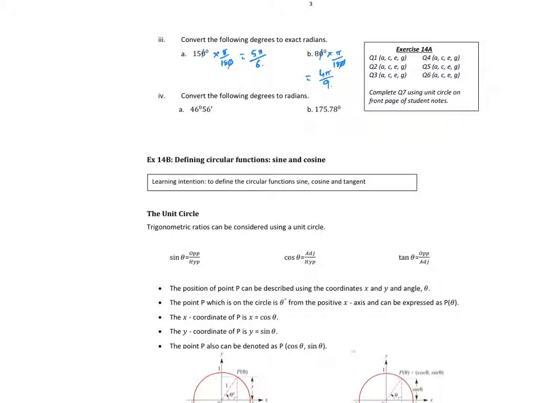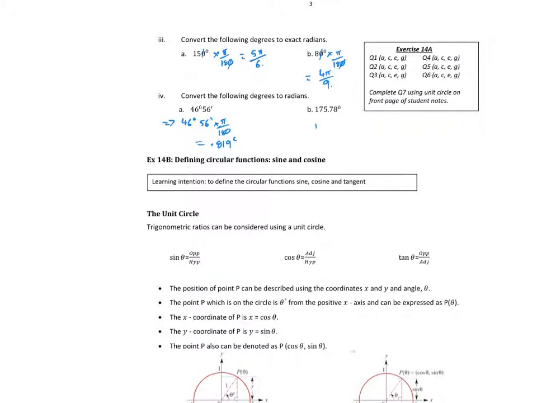If I want to convert these degrees and minutes into radians, I'm going to have to use my CAS for that. So type it into your calculator, 46 degrees, 56 minutes. Basically, if you go using your CAS, times by pi on 180 is equal to 0.819 radians.